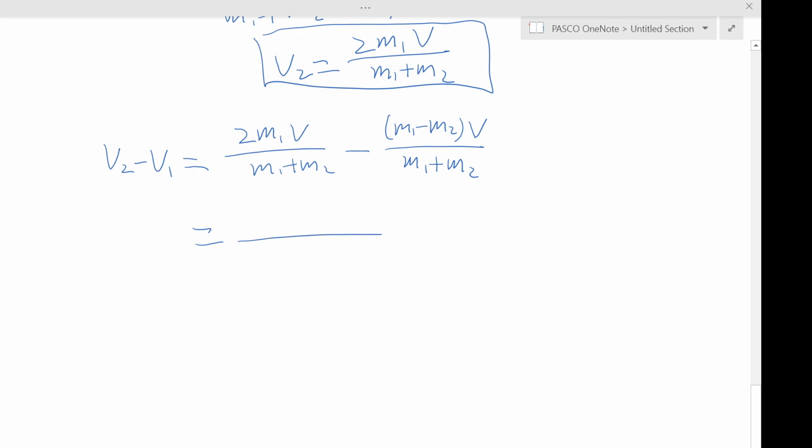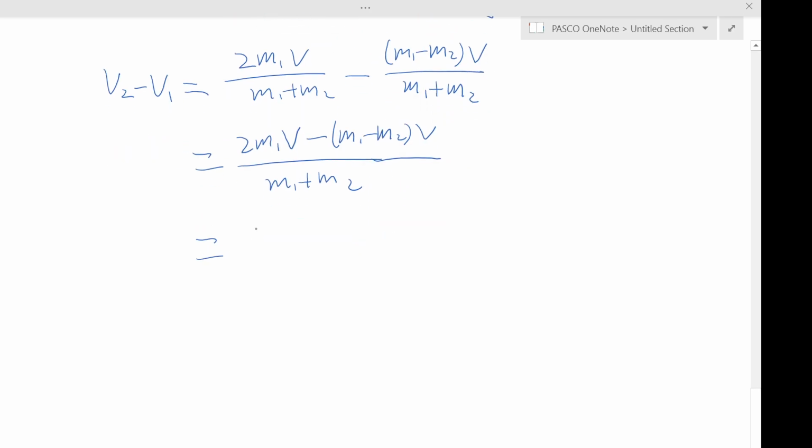Okay, now they already have the common denominator, so I'm just going to work with the expression in the numerator: 2m1v minus (m1 minus m2)v, which equals 2m1v minus m1v plus m2v. Again, you have to change the sign of the second term, over m1 plus m2.